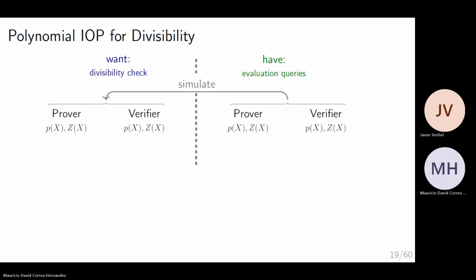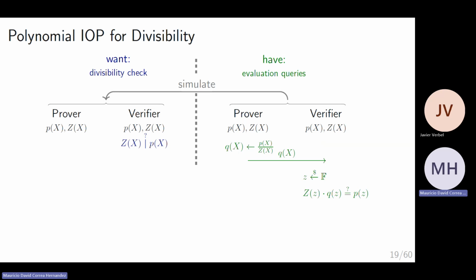So we're going to build a transformation that takes a protocol that assumes divisibility checks are available, but the protocol we're building doesn't have them available. It's going to emulate or simulate that protocol where they are available. So the protocol that we want to simulate is where the verifier directly checks divisibility. And the protocol that we want to build accomplishes this through polynomial evaluation checks.